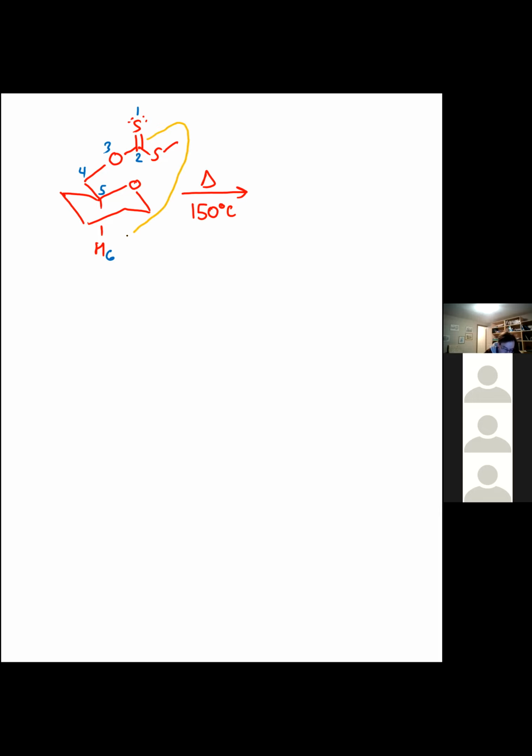I'm going to use the electrons in the bond. If they grab that hydrogen, bond is going to move up here to make a double bond. And we can break the carbon-oxygen bond to make a new carbon-oxygen double bond.